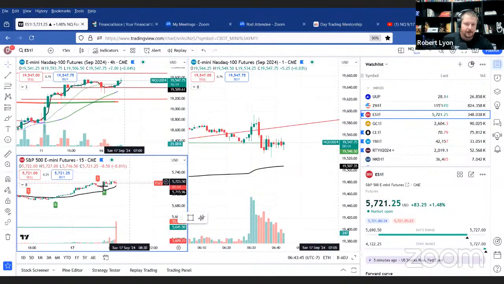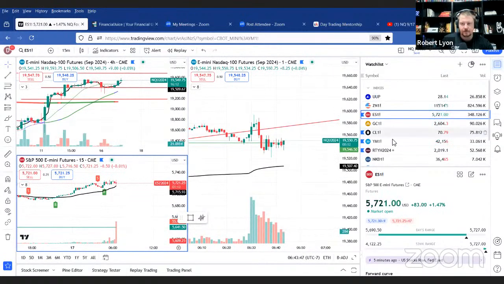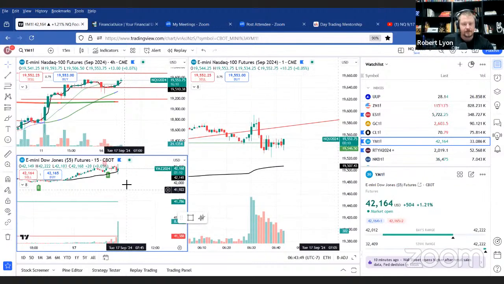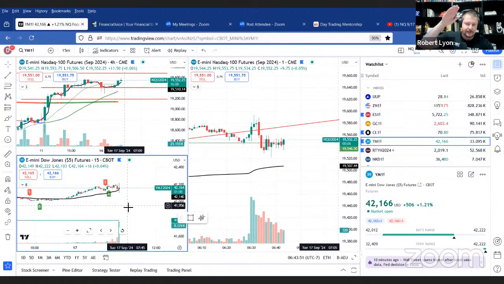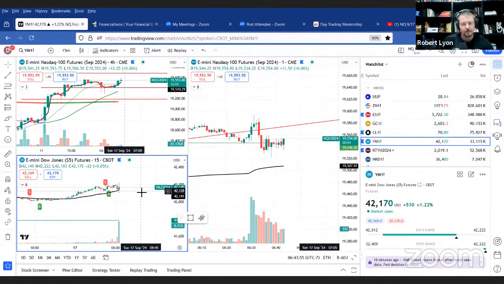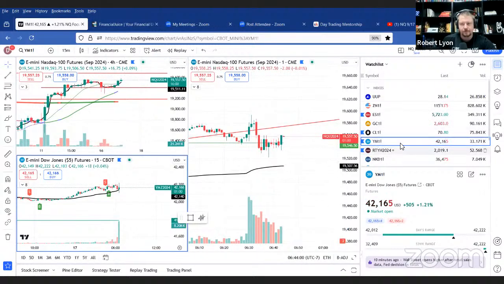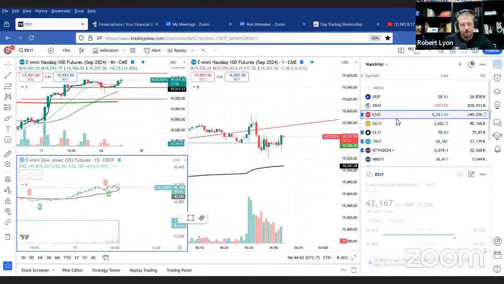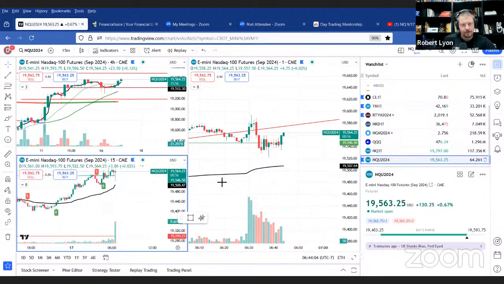ES is doing nothing. The variance tells me that if I see the S&P move lower and the Nasdaq moving up, then there's some sort of imbalance that's going to happen and we might flip. For the most part, I just keep it on the 15, 30 minute.